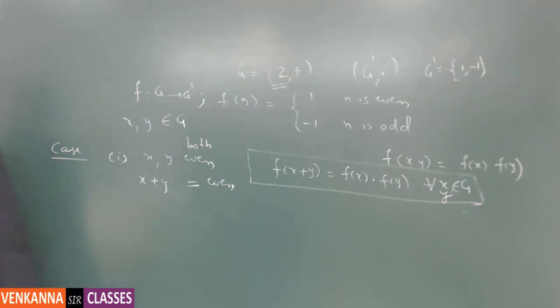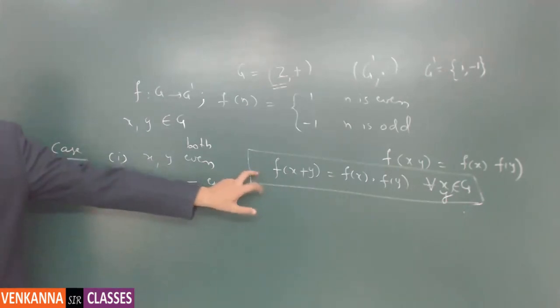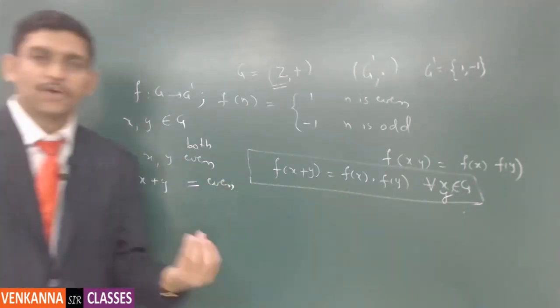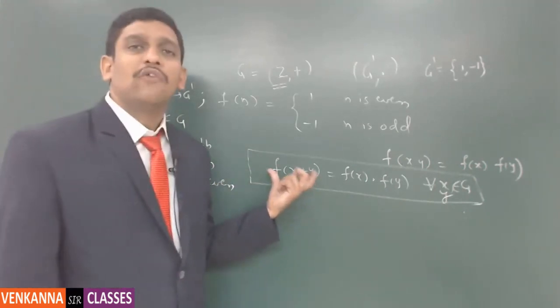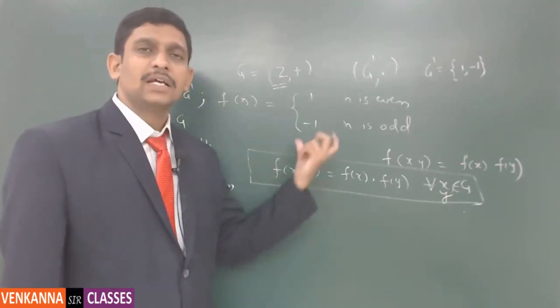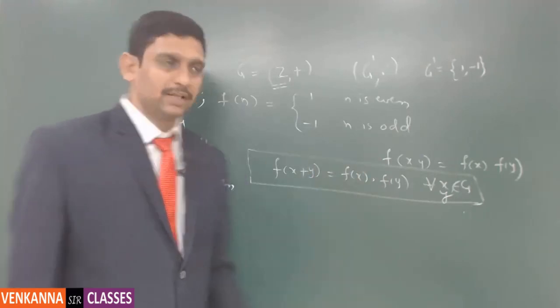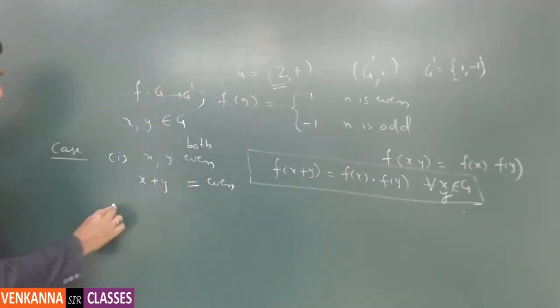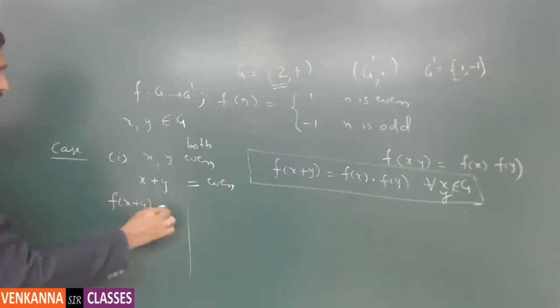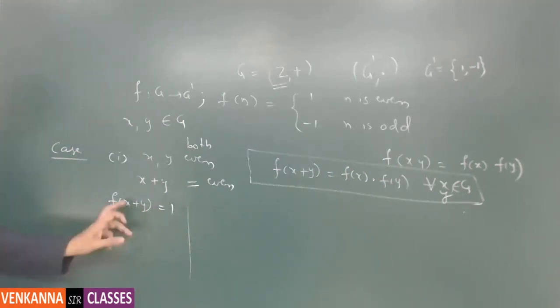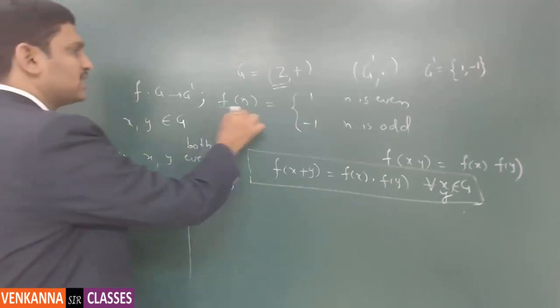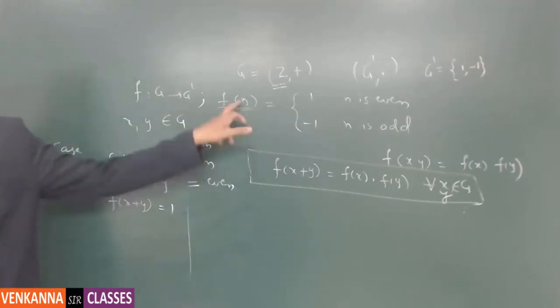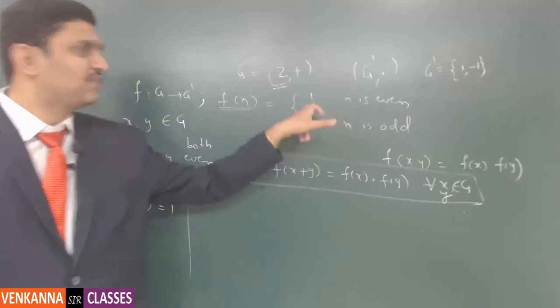As you are going to prove this condition, I am going to calculate the value of LHS separately, the value of RHS separately. If you consider f(x + y), it is nothing but 1. Why? Because the function is defined in such a way that if the number is even, its value is nothing but 1.